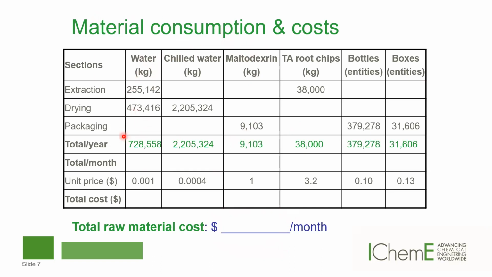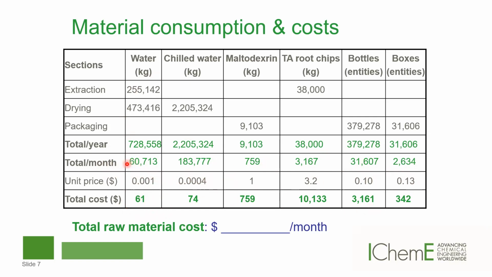We add this row right here, which simply adds the material use and converts it to a per month basis. Our basis is 1 month. Then finally, given the unit price, which is specific for this production of Tongkat Ali, we'll get the total cost per month.